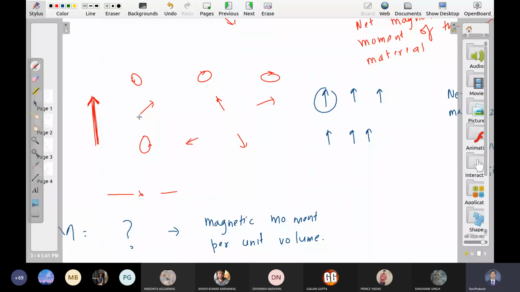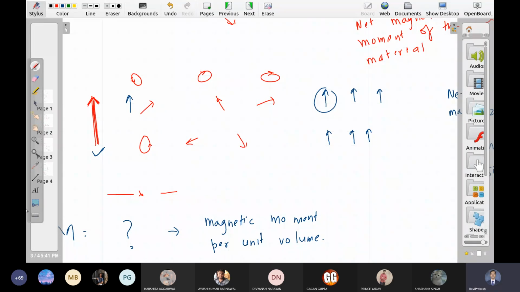On each magnetic moment there are two effects working together. What is one effect? It is due to this applied field. What is the role of it? To align this magnetic moment parallel to itself. What is the second effect?